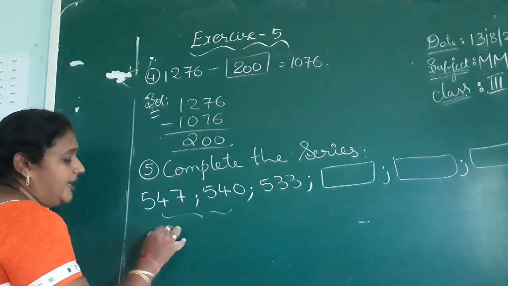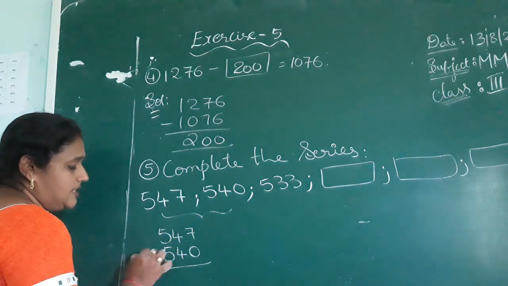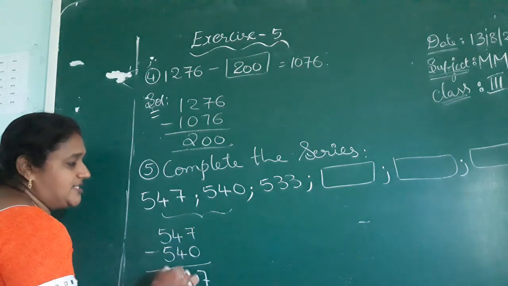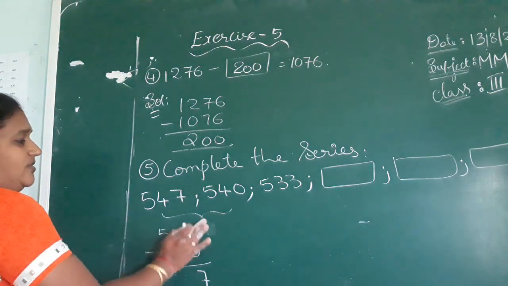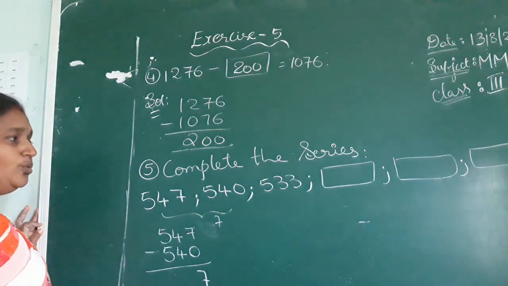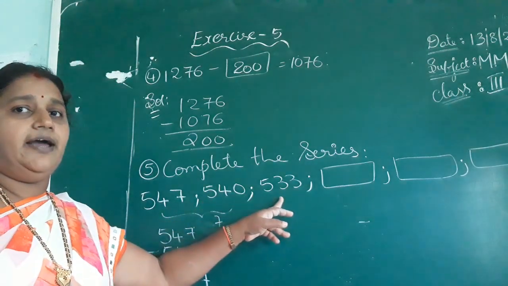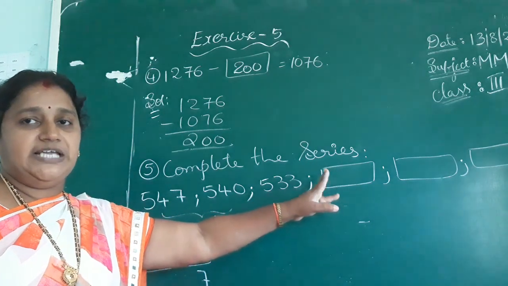So 547 minus 540. 7 minus 0, 7. 4 minus 4, 0. 5 minus 5, 0. So the difference between those two numbers is 7. So if you subtract 7 from the number, you will get the next number. This is the series. Okay.